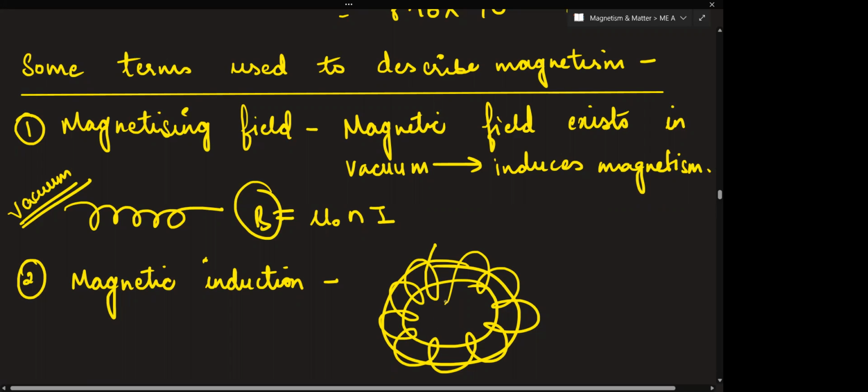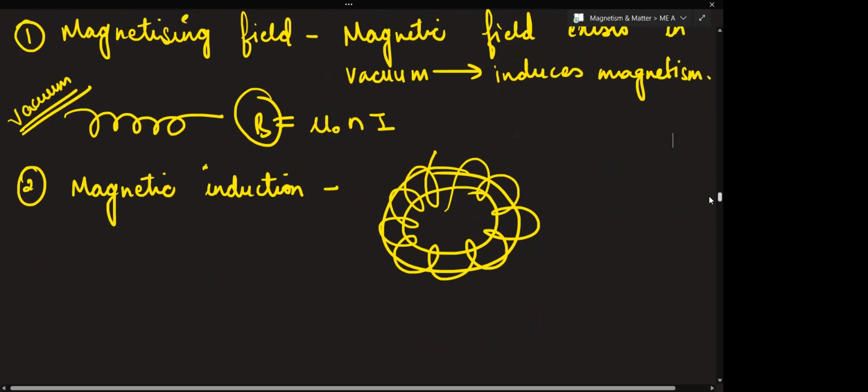Magnetic field lines you are aware of. Whatever magnetic field lines are crossing per unit area, normally you call it magnetic induction. That's a better definition to remember. But just for understanding, induction means to induce, so that's why we use the term magnetic induction.